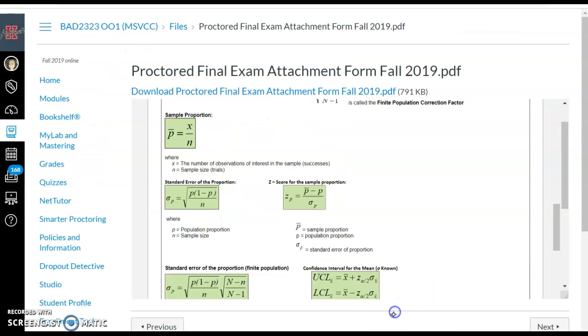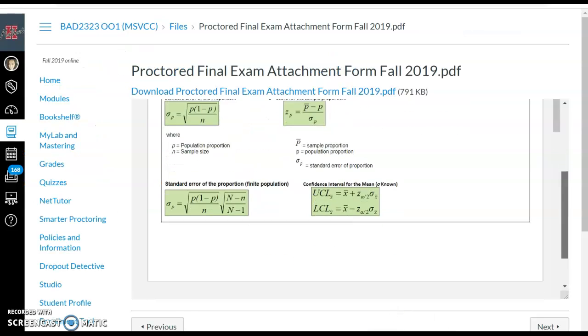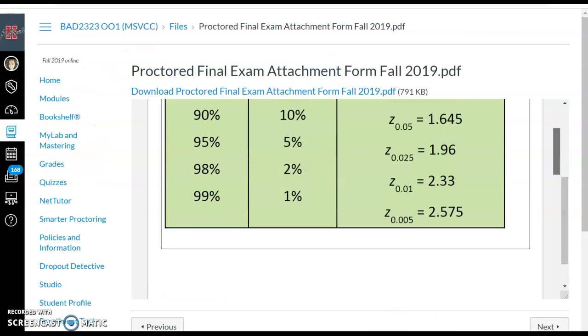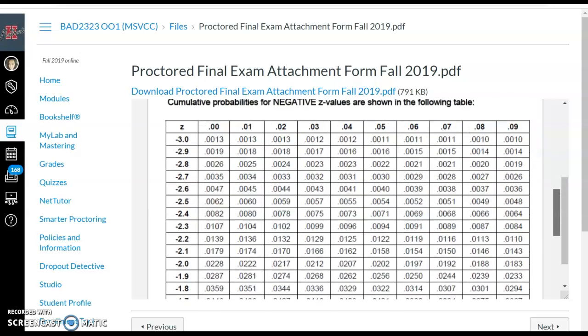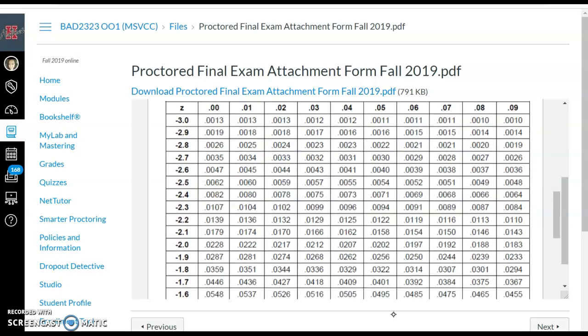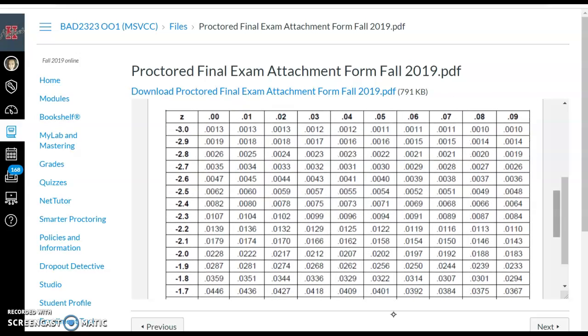So you will go back to your formula sheet and you will go down. First, we're going to look up the negative 1.78. So here's negative 1.7, and then go over till you get to 8, and you see that that is 0.0375.